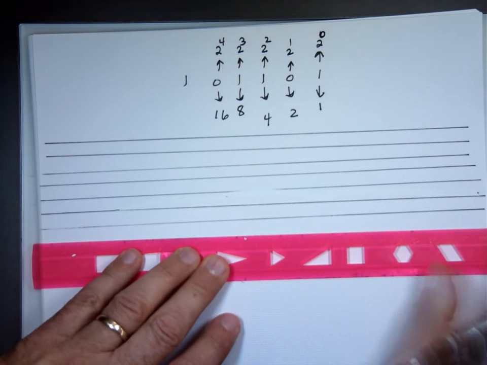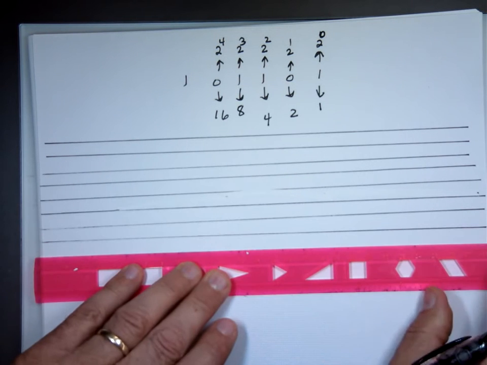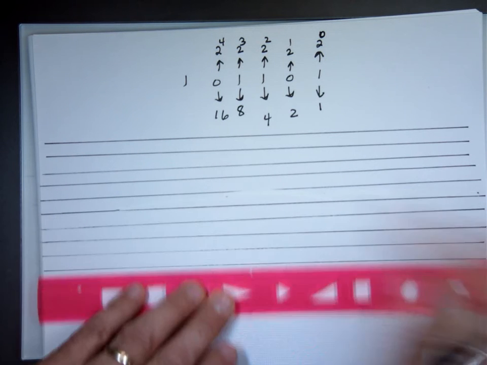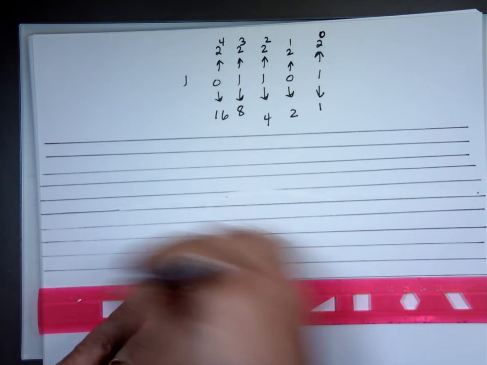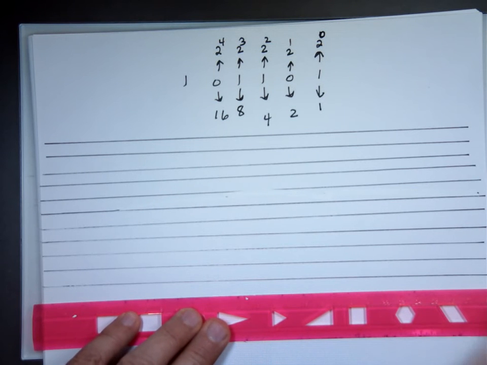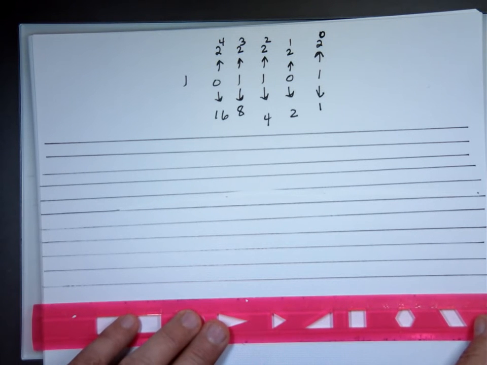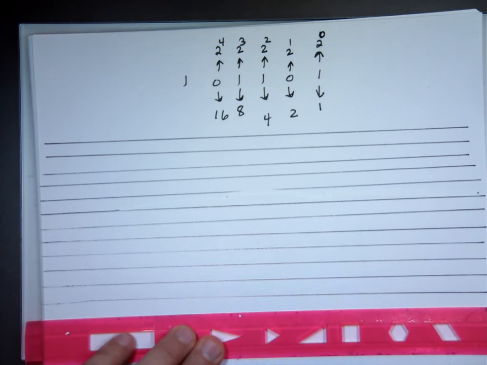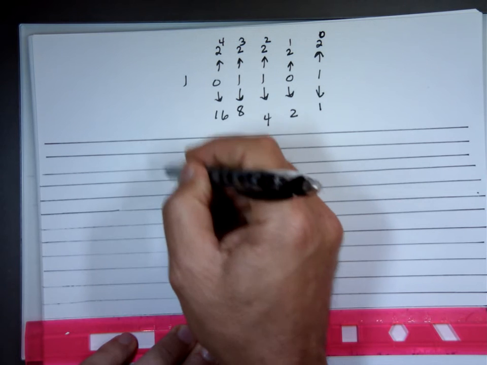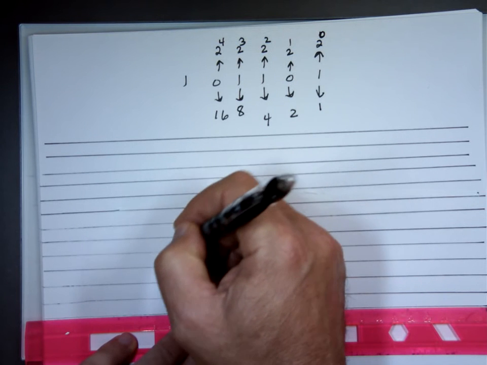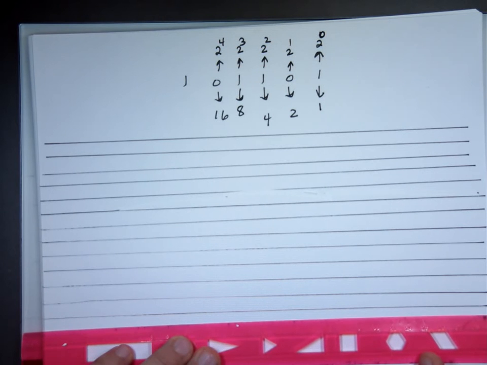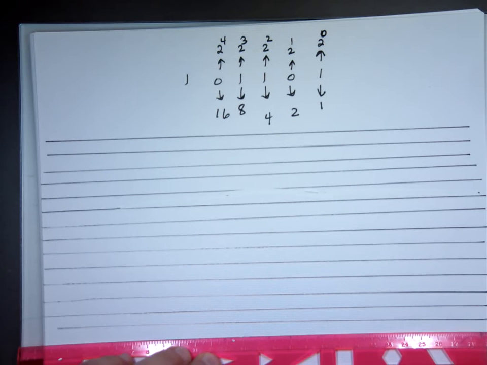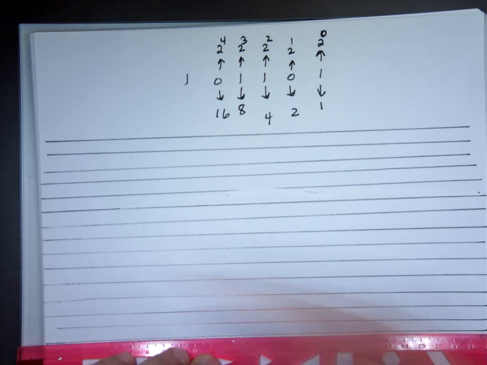I need way more than this, but I need 16 rows, 17 actually. I might have one actually, but since I got going on this, let's see, 1, 2, 3, 4, 5, 6, 7, 8, 9, 10, 11, 12, almost there. 13, 14, 15, 16.